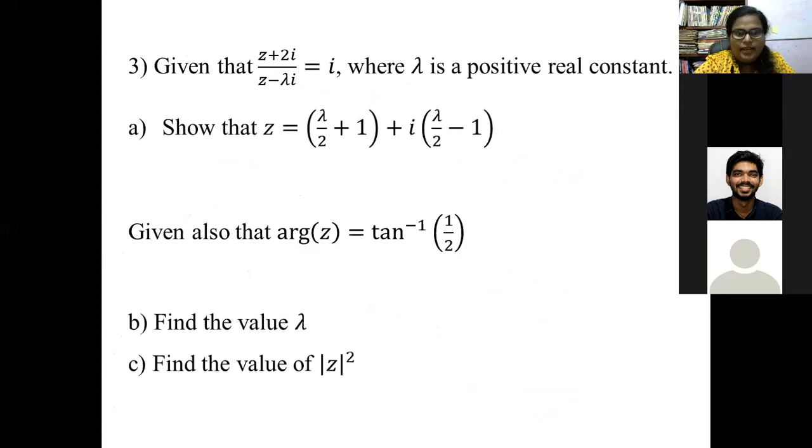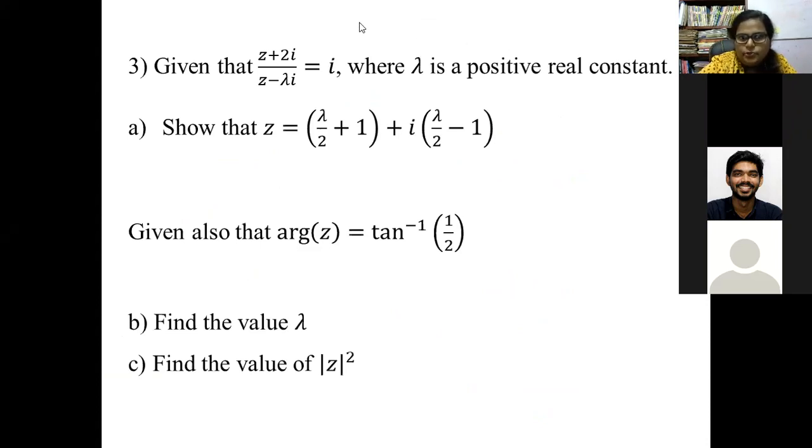Here, given that z plus 2i divided by z minus lambda i equals i, where lambda is a positive real constant, right? So it is given that some expression with complex numbers is given for you.